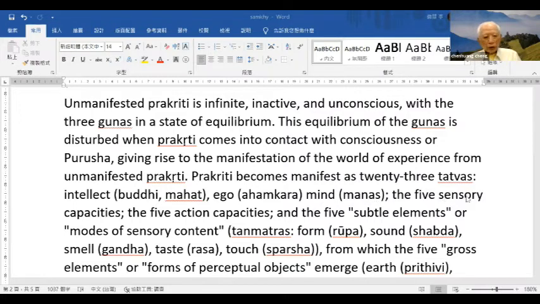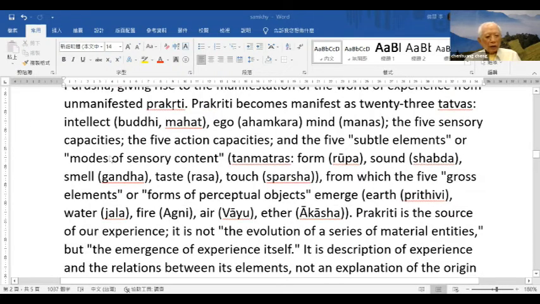The 5 sensory capacities, that means the 5 sense organs, the 5 action capacities, and the 5 subtle elements or modes of sensory content, tanmatras: form, rupa, sound, shabda, smell, gandha, taste, rasa, touch, sparsha, from which the 5 gross elements or forms of perceptual elements emerge.